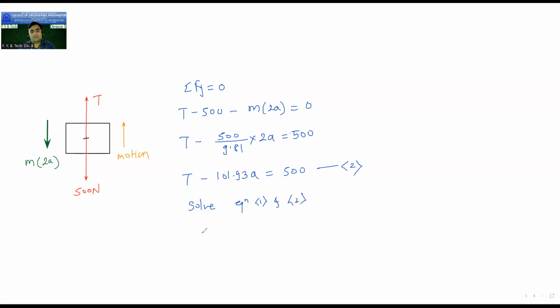After solving this, what will we get as the values of T and A? A is 1.40 and T is 642.85.